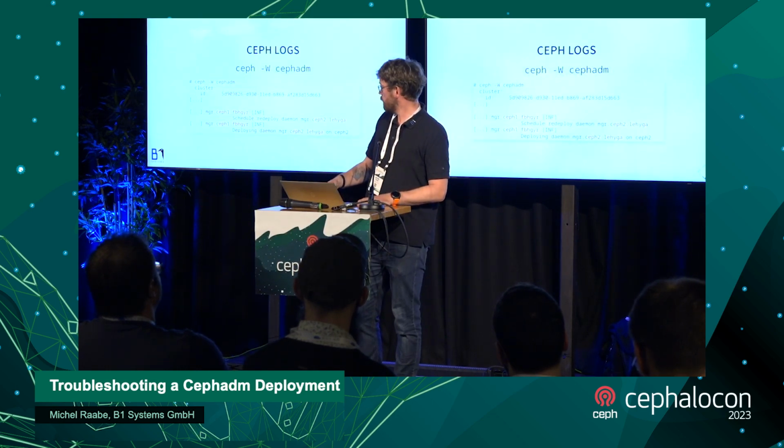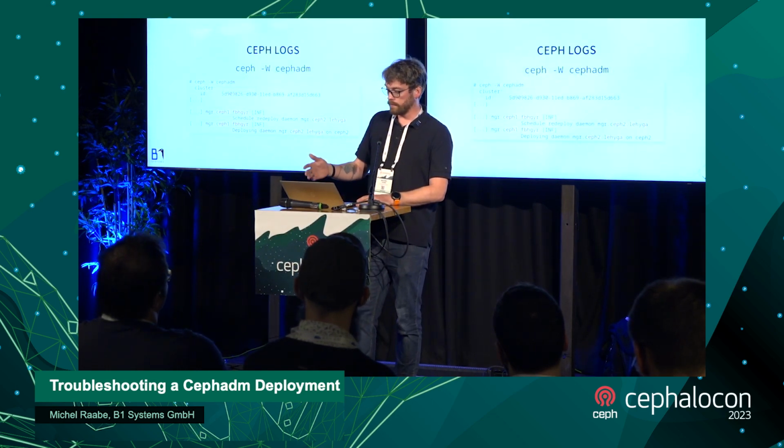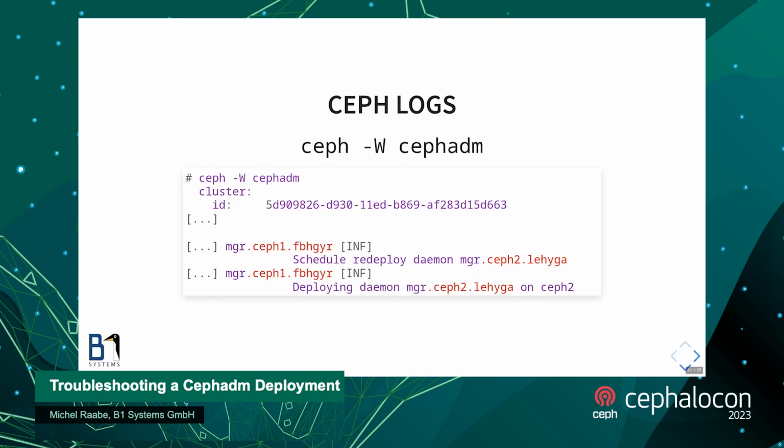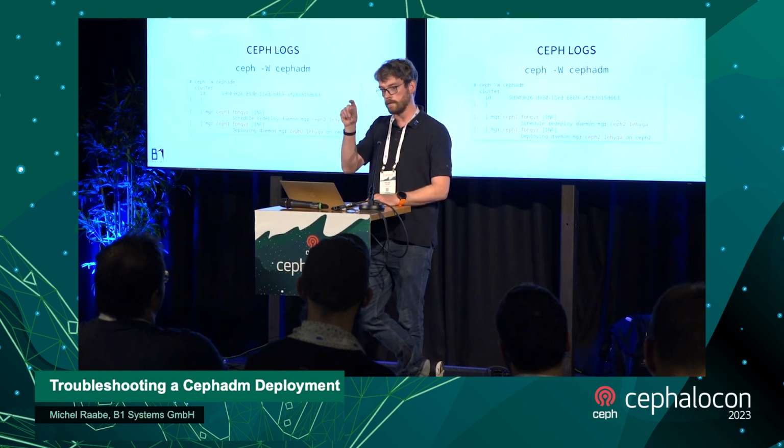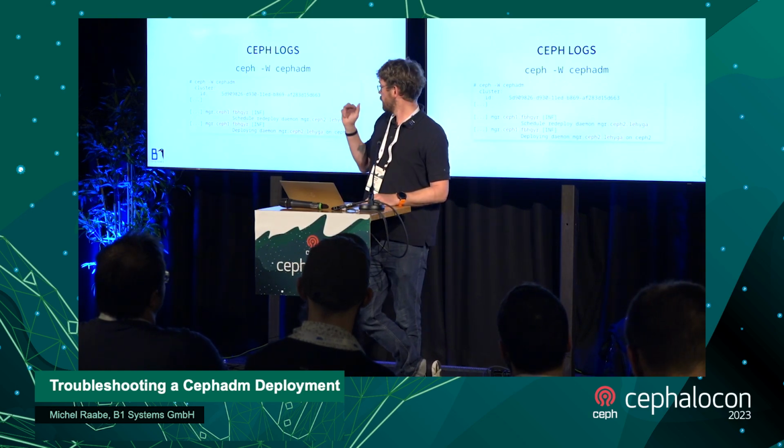Next option is that we have the Ceph tool itself. We have the possibility to specify the watch channel, -W, capital W, Ceph ADM, and then you see the Ceph ADM output from the cluster, from the active manager where it runs the orchestrator backend. That's the output.